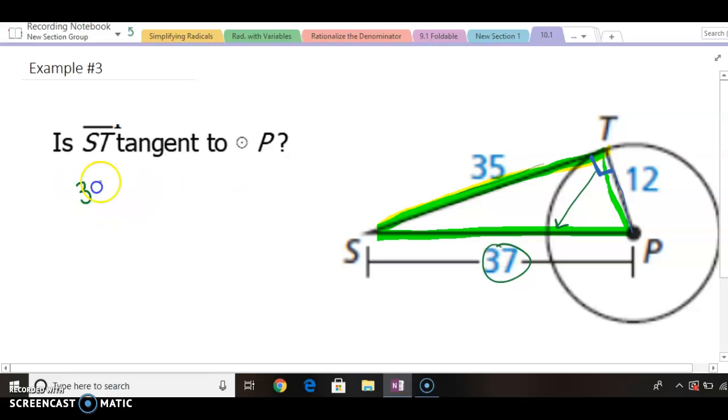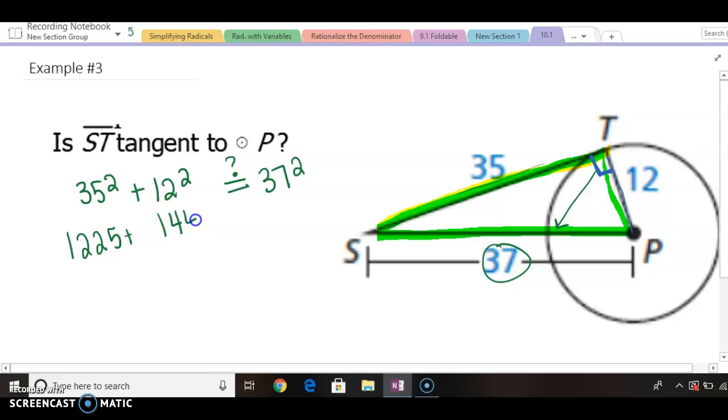So I want to say, is 35 squared plus 12 squared equal to, and I'm going to put a question mark because we don't know, 37 squared? Well, 35 squared gives me 1225, plus 144.